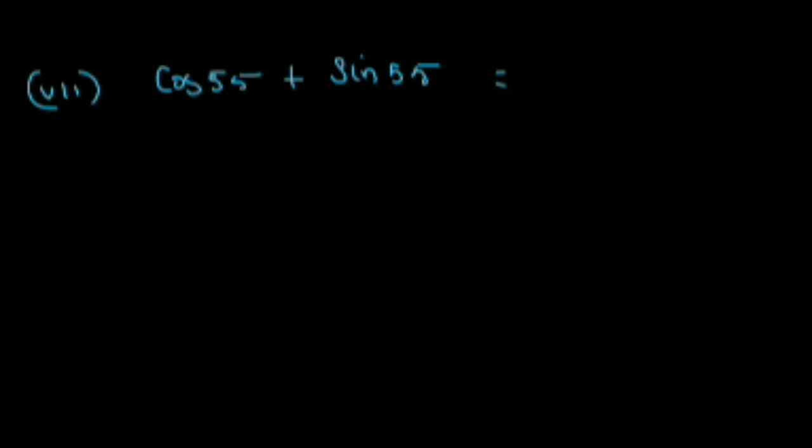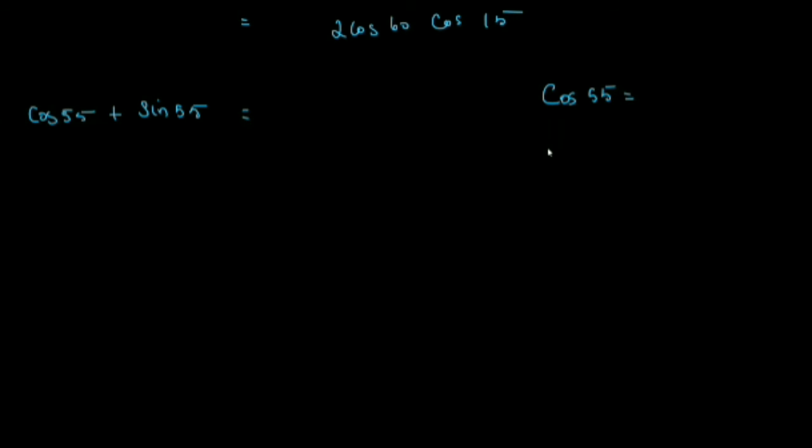You have to convert this into sin. Cos, I am going to convert into sin, or you can also convert sin to cos. One of these you can do. So I am going to convert cos 55. You know that cos theta is also equal to sin 90 minus theta. Have you learned this? Sin 90 minus theta is cos. So you can easily convert into the complementary ratio. So cos will become sine 90 minus 55.